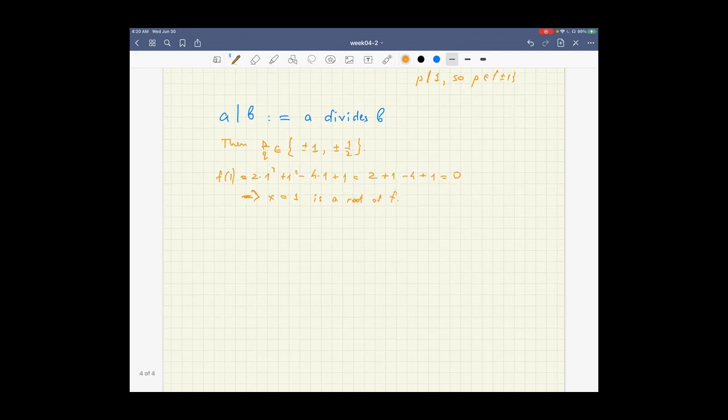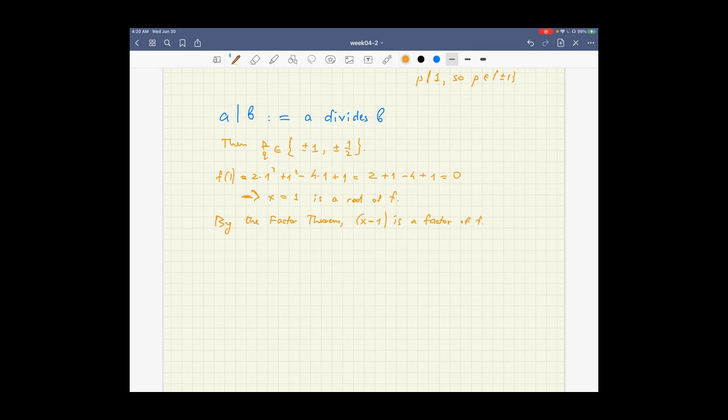Now, by the factor theorem, x = 1 being a root implies that x minus 1 is a factor of f.